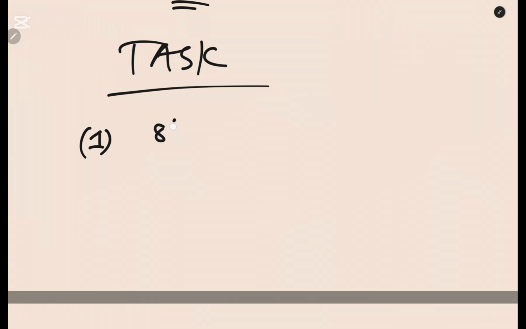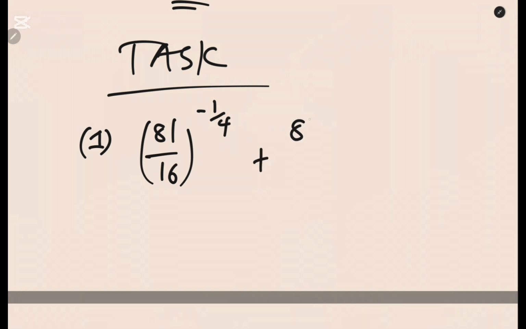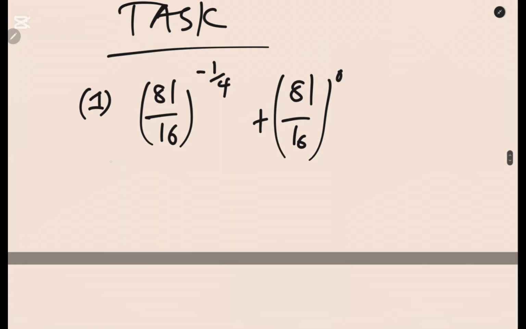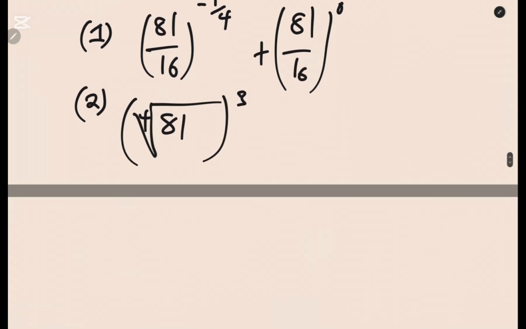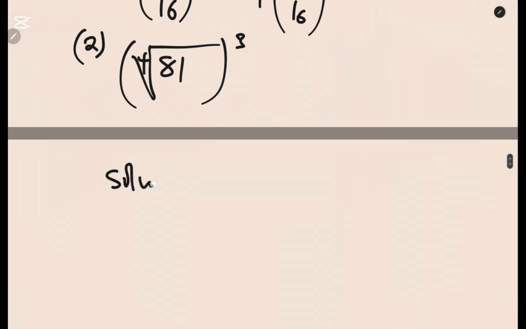So practice this: 81 over 16, then of course the power 1 over 4, plus 81 over 16 to the power 0. The second one that you're going to answer is 81 to the power 4, of course to the power 3. What is the answer? Then of course I'll also put the equations.